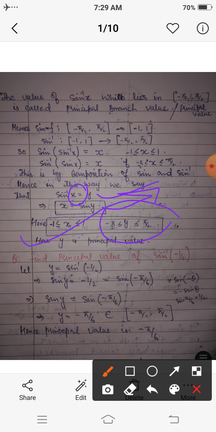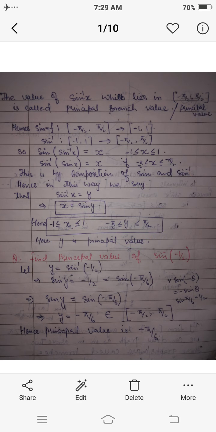Here y is the principal value, because y lies between minus pi by 2 and pi by 2. That is, when sine inverse x equals y, where y is in the interval minus pi by 2 to pi by 2, it is called the principal value, and for this principal value this situation happens.